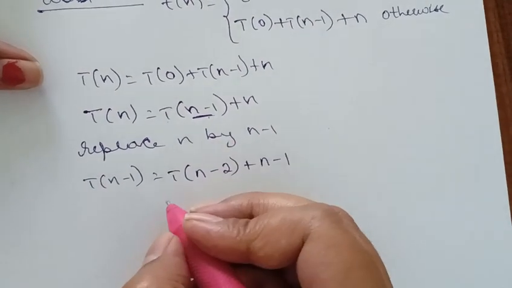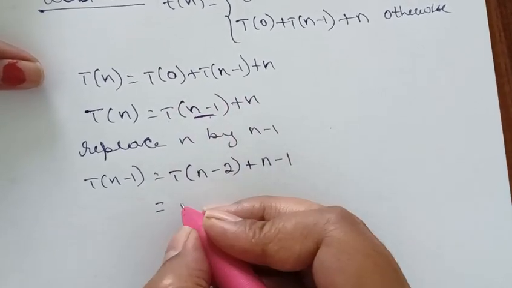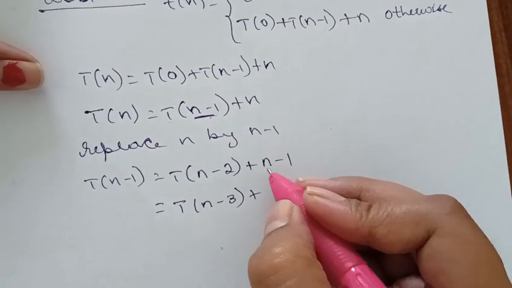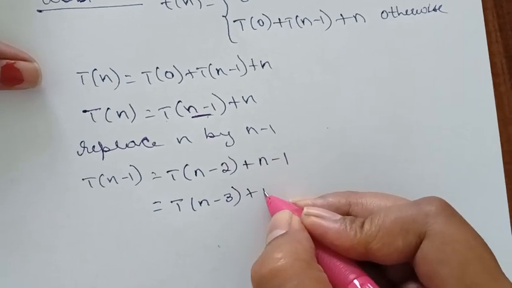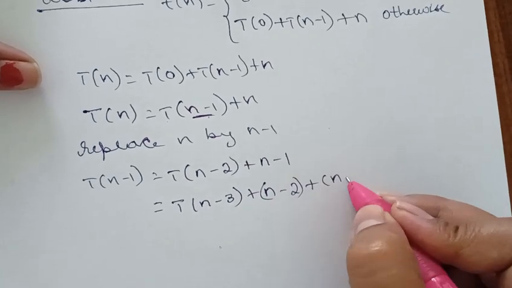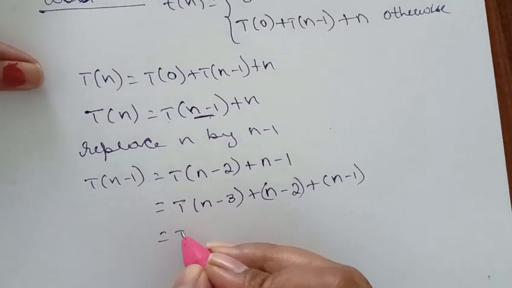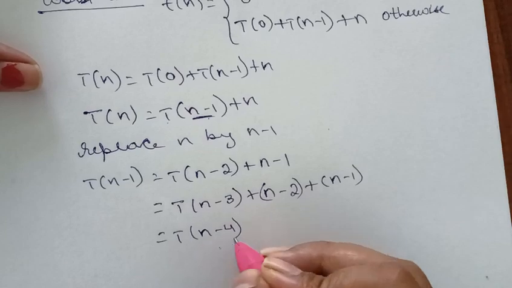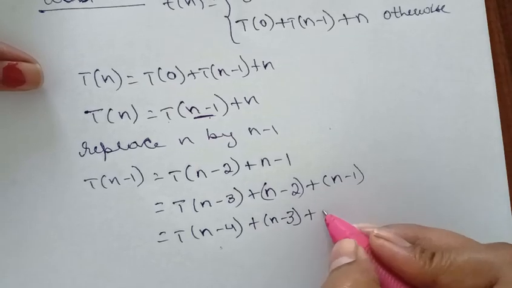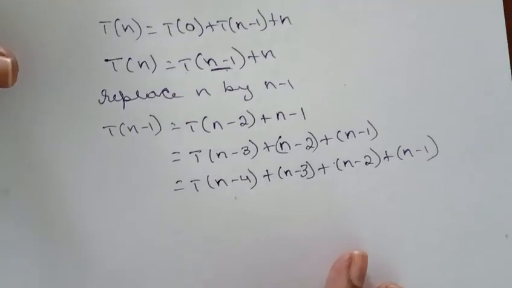Next step, for this function the entire thing: T of n minus 3 plus n minus 1, that is n minus 2, plus the constant as it is, n. Next step, T of n minus 4 plus n minus 1 minus 2, that is n minus 3, n minus 1 minus 1 is n minus 2, plus n minus 1.